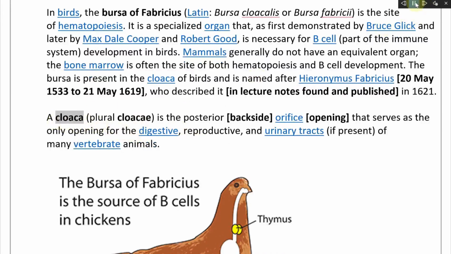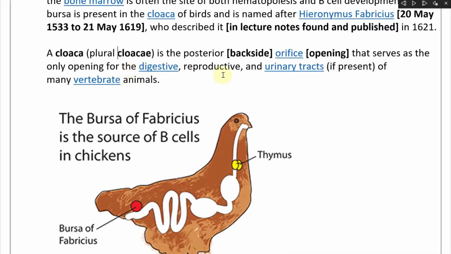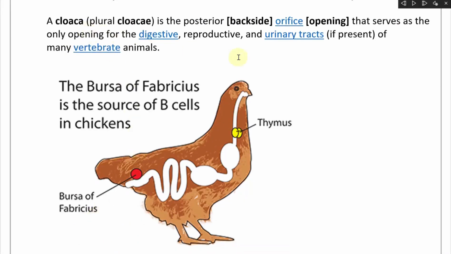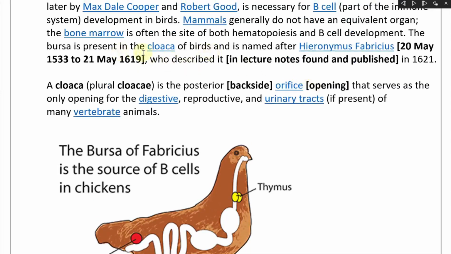So anyways, a cloaca, or plural cloacae. The cloaca is a posterior or backside orifice or opening that serves as the only opening for the digestive, reproductive, and urinary tracts, if present, of many vertebrate animals. So that's that external opening, and that's where it's found on there. So the bursa is present in the cloaca of birds.